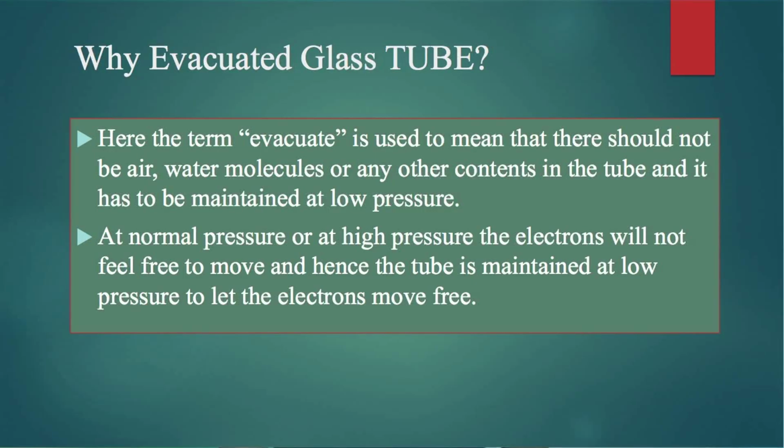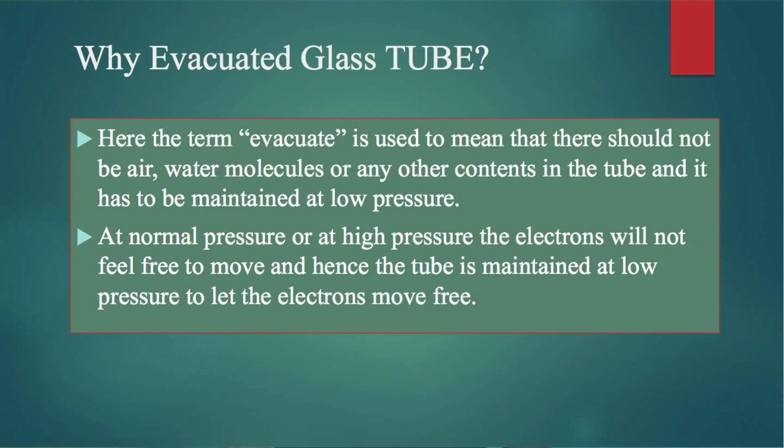Now let us understand why we need an evacuated glass tube. Here the term evacuated is used to mean that there should not be any air, water molecules or any other contents in the tube, and it has to be maintained at low pressure.